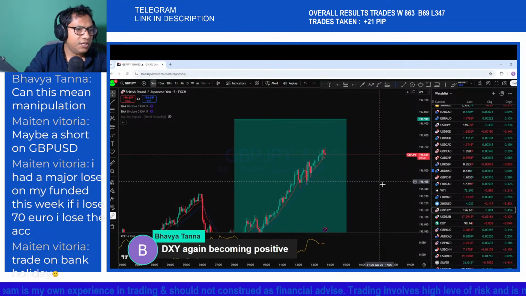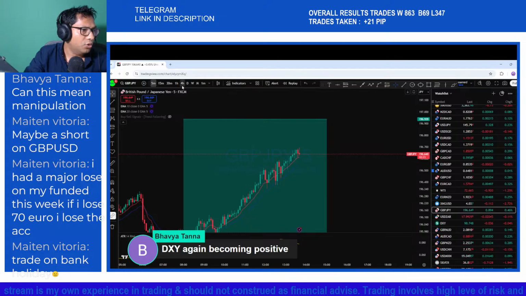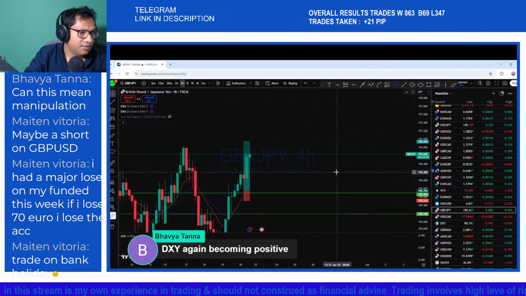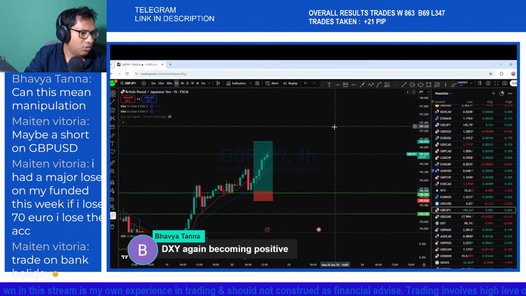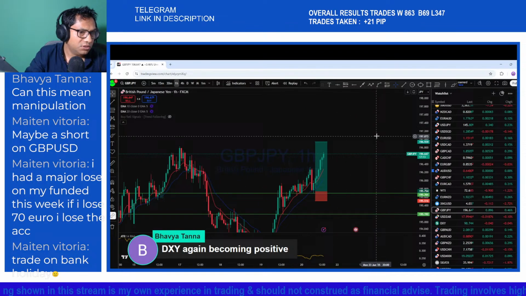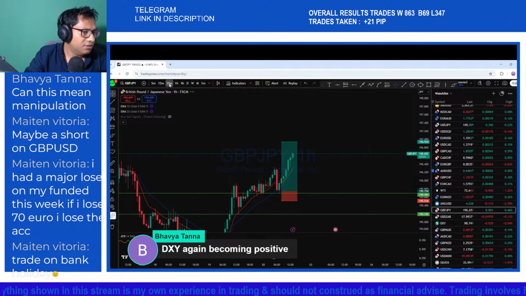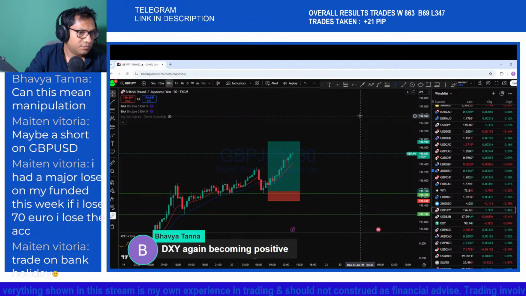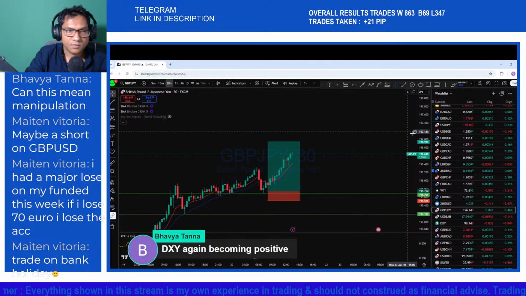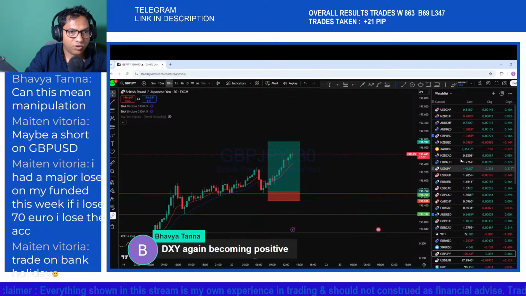GJ is in a very sharp bullish move that we can see, GBPJPY, and that bullish move is quite strong. From here it bounced and it may continue to rise. And we are focusing on XAUUSD.